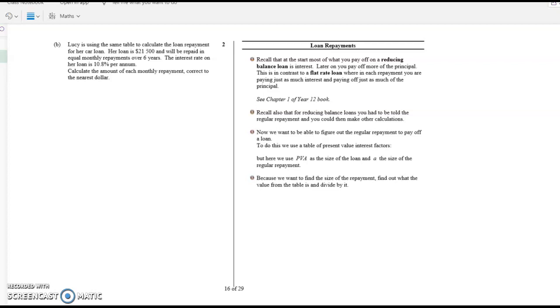So when we were doing present value of annuity last time, we had this formula. The present value of an annuity is equal to the monthly contribution A times by the present value interest factor. Now, when we think about loans, we use the same formula, except the parts of the formula stand for different things.